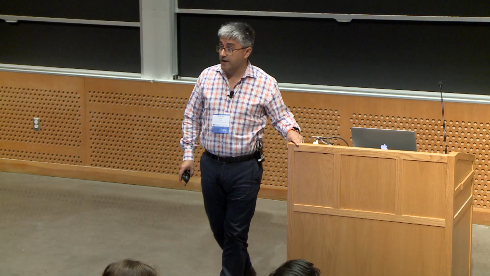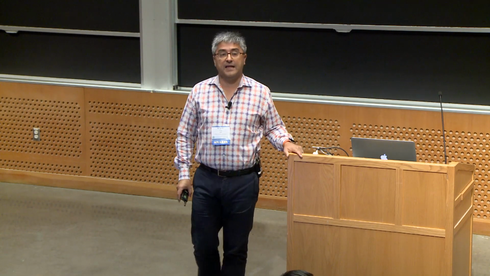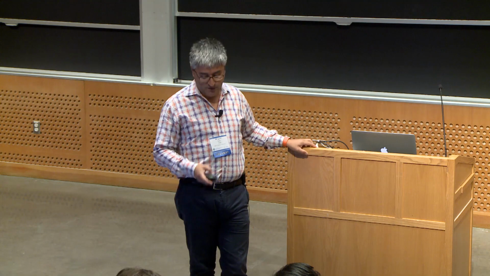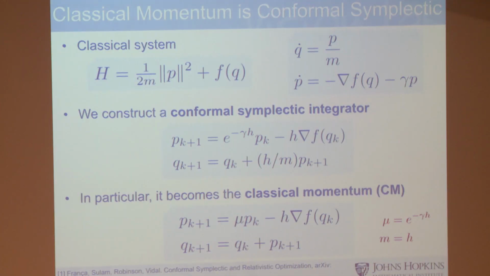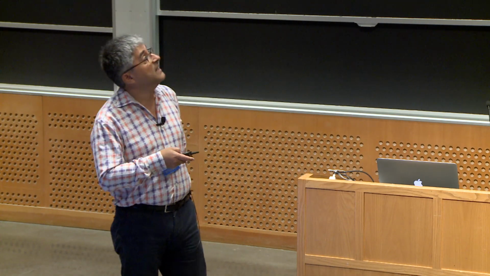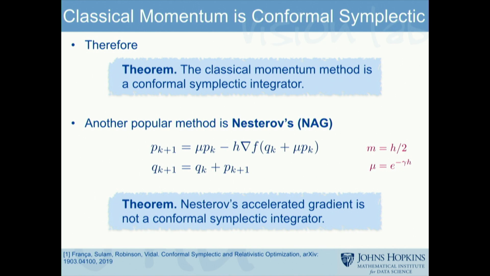So the first observation is that classical momentum is a symplectic integrator applied to the classical Hamiltonian. And therefore, the convergence rates of classical momentum can be analyzed through the convergence rates of the continuous system. That's exactly what's in this next slide, which says that classical momentum is a conformal symplectic integrator.